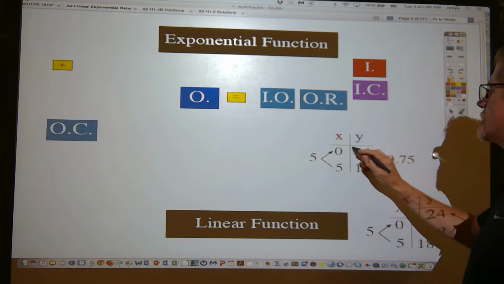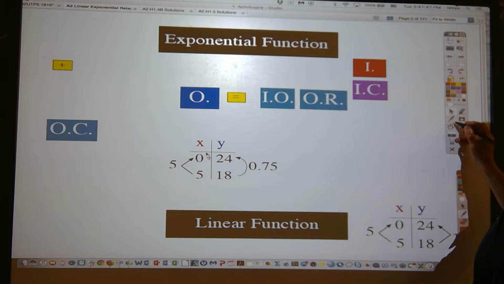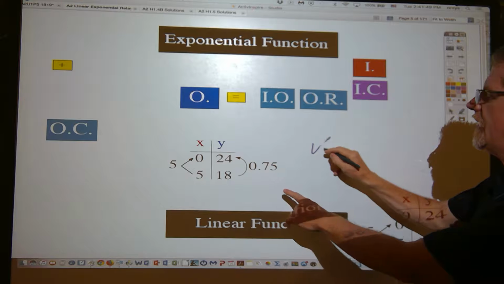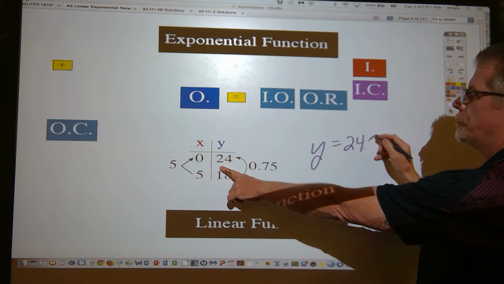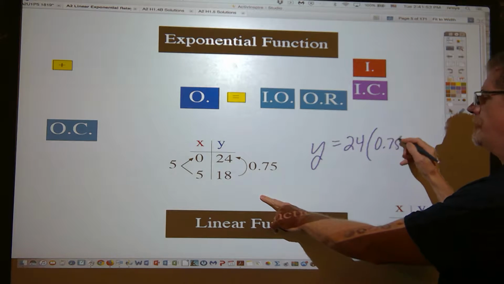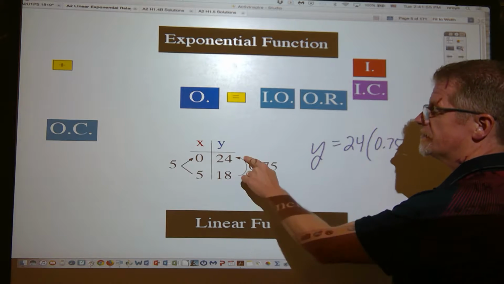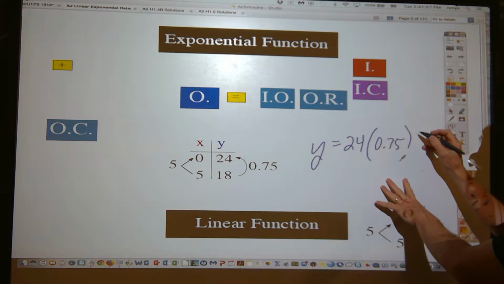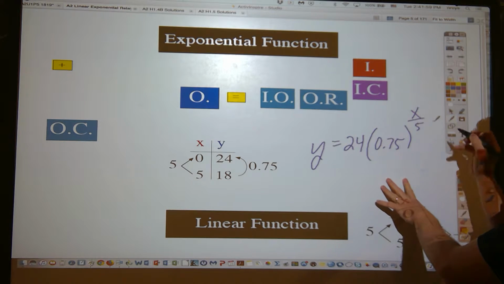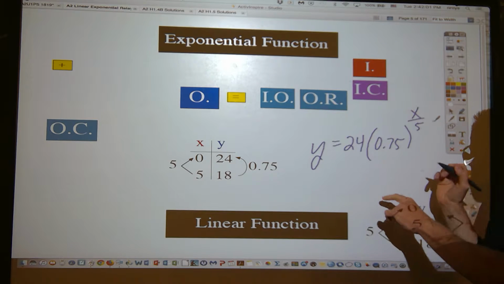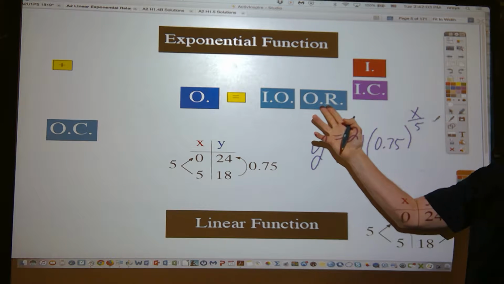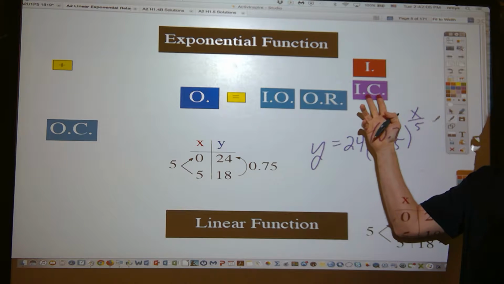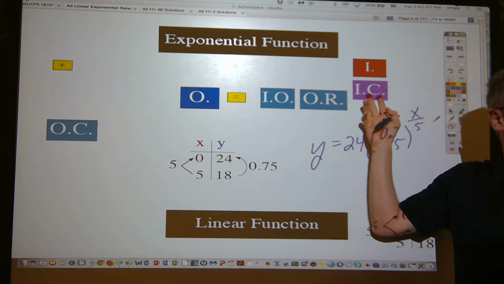It's almost the same building blocks. Output equals initial output times the output ratio, the ratio of outputs, 18 divided by 24, is 0.75, to the x over 5. So ratio implies division, change implies subtraction.